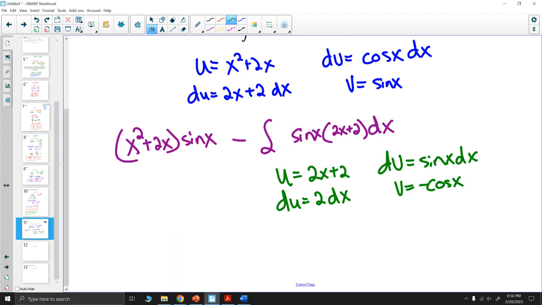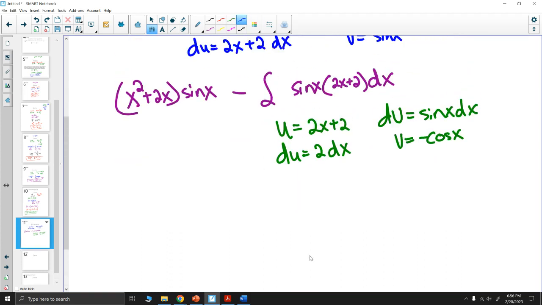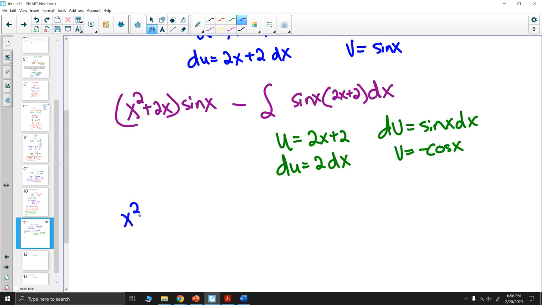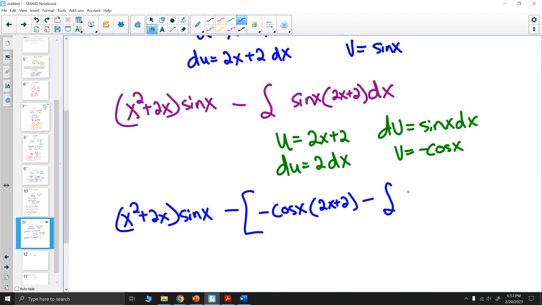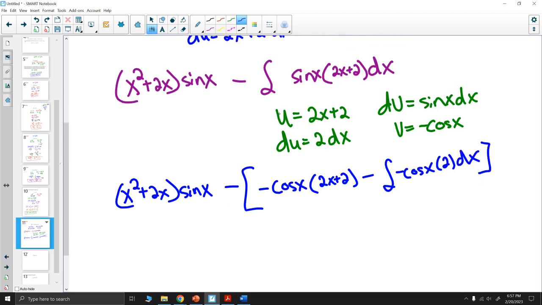All right, so we have x squared plus 2x times sine x minus, I'm going to do parentheses around this u, v, so that's negative cosine x times 2x plus 2, minus the integral of v, negative cosine x, times du, that's 2 dx. Okay, so my handwriting's getting worse. I apologize for that. And this one I'm getting a little sloppy.